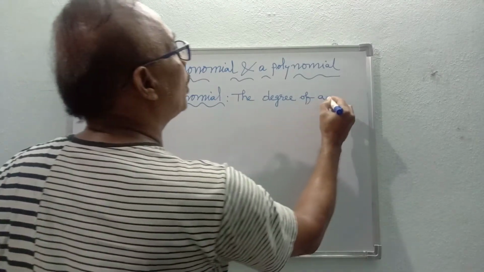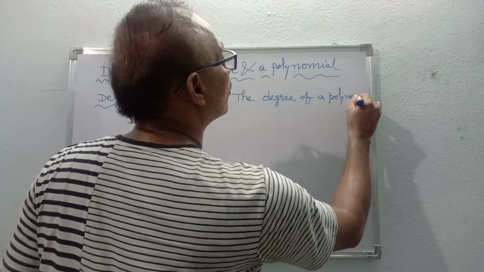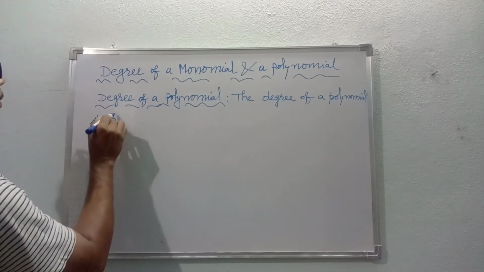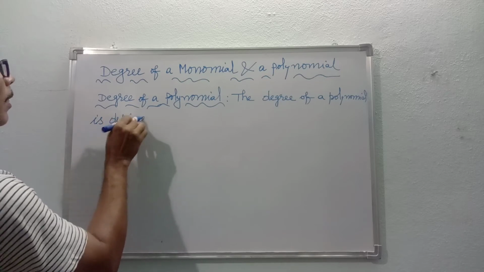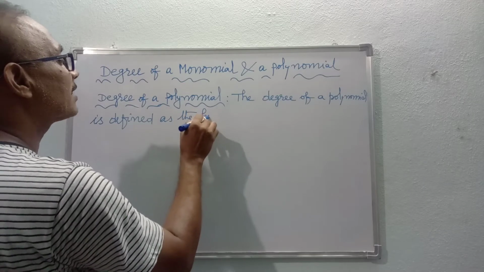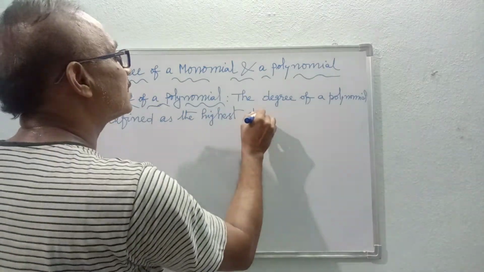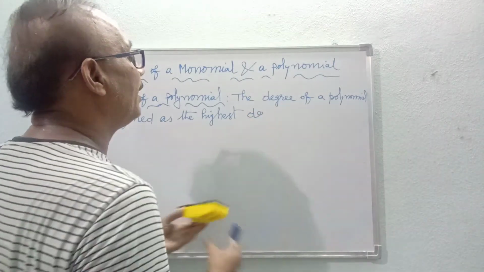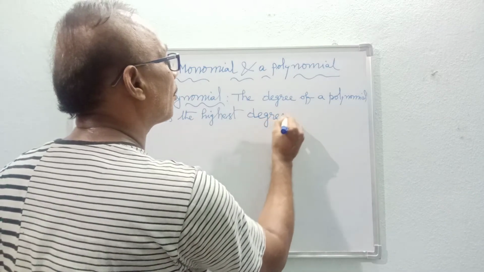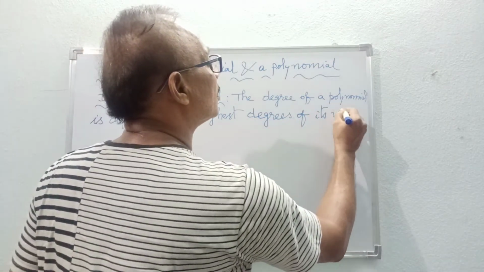The degree of a polynomial is defined as the highest degree of its various terms.